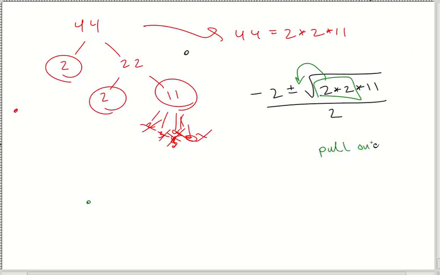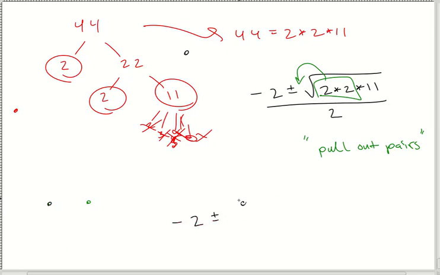You could even imagine this as the square root of 4 times the square root of 11. What's the square root of 4? It's a 2. Lots of different ways, and that's totally fine. I like pull out the pairs. That's what I do, so I'm teaching it to you as well.